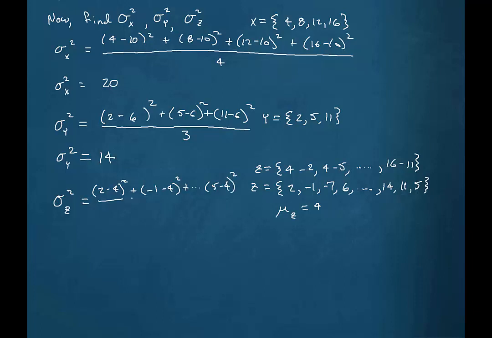And there were 12 of those values. So we'd have 12 terms up there, and that variance is going to turn out to be 34.